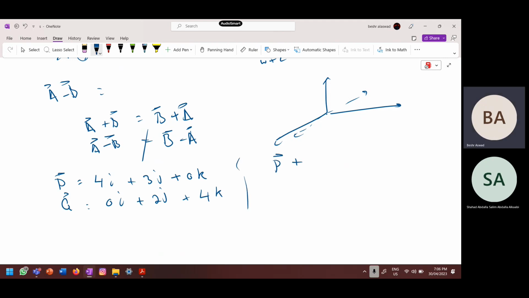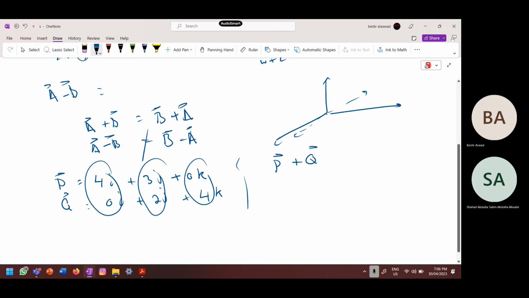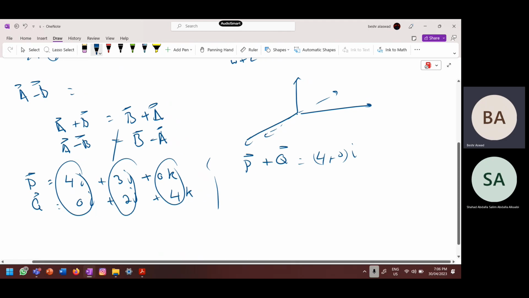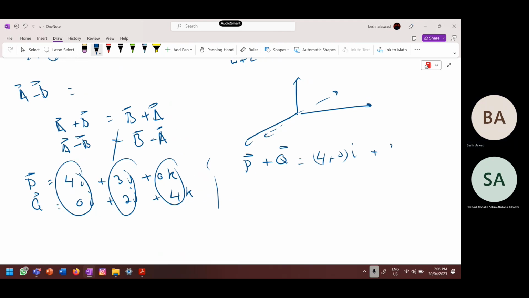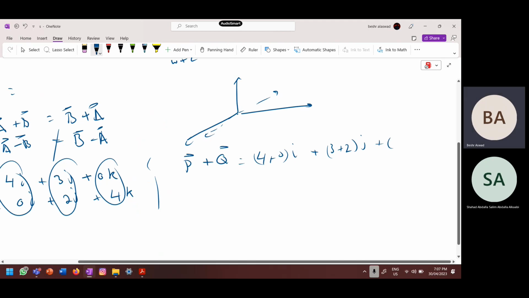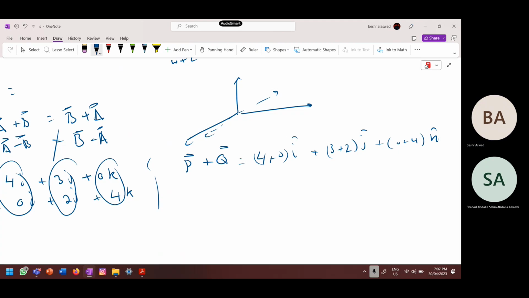You have P plus Q. You just find the summation. This will give you (4 plus 0) i hat plus (3 plus 2) j hat plus (0 plus 4) k hat. This would be 4 i hat plus 5 j hat plus 4 k hat.